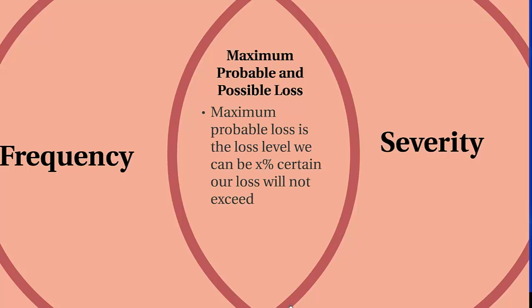The maximum probable loss is the loss level we can be X% certain that our loss will not exceed. I'll give you an example in a moment, but let me just say that the maximum possible loss can be very difficult, if not impossible, to determine. The maximum possible loss in terms of property is just the total value of your property.